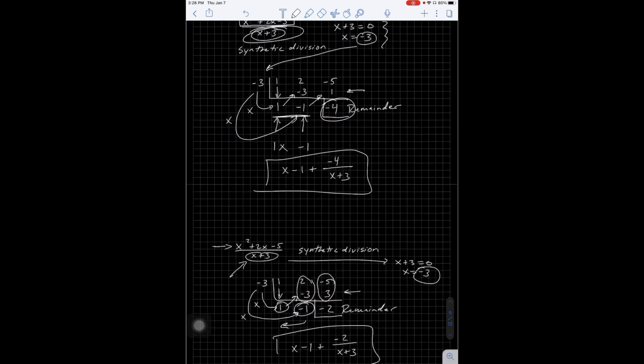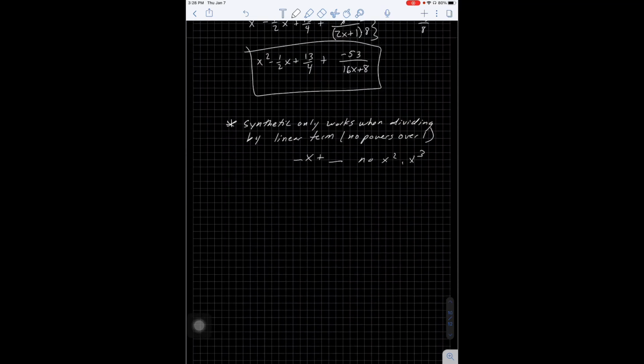All right, the last thing in this section is called the rational roots theorem. So the idea is, what if we don't want a remainder? So we want something to divide in evenly, we want our remainder to be 0.